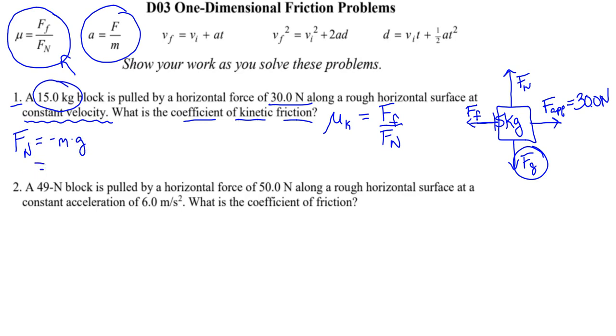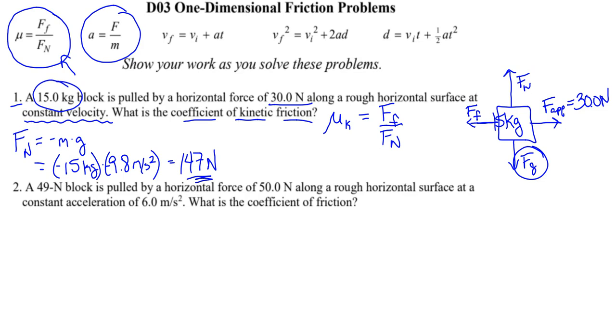If we plug those in, we have negative 15 kilograms times negative 9.8 meters per second squared, which gives us a normal force of 147 newtons. Okay, so we're going to tuck that away for later because we're going to need that in order to solve.